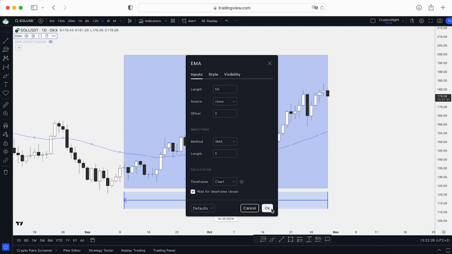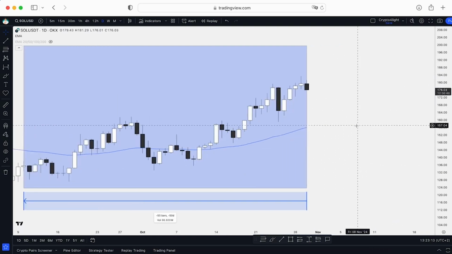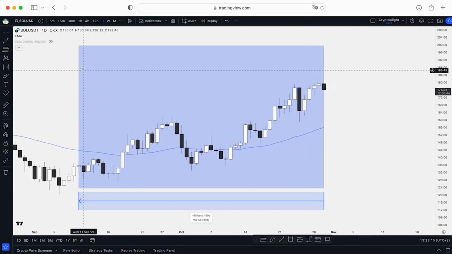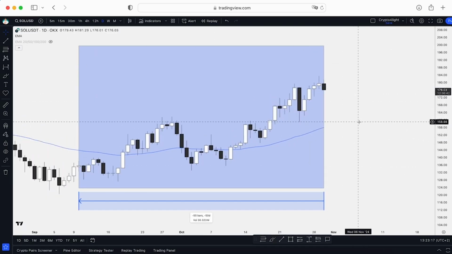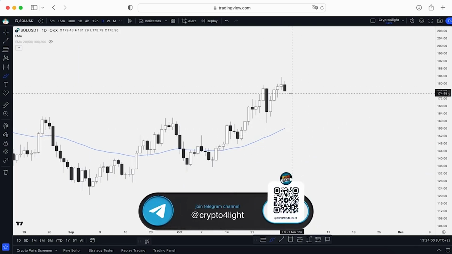We add all of those 50 candle close prices and divide by 50. In this case, the average price of these 50 days on SOL USDT, just as an example, is now 155.